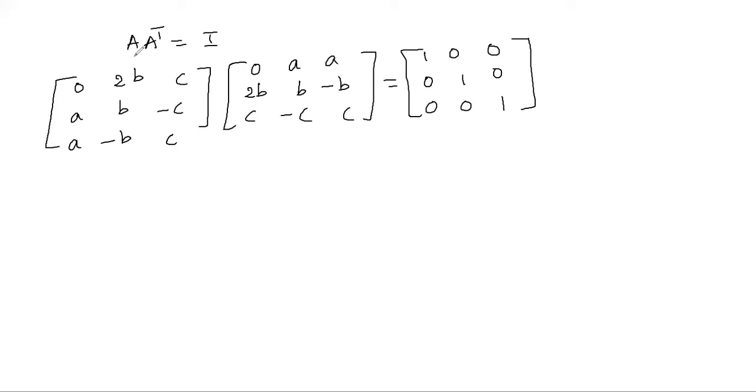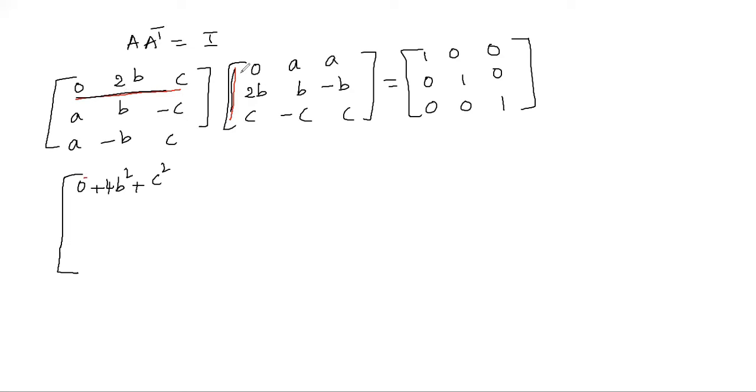Now we have to multiply A into A transpose, row into column. First row into first column: 0 into 0 is 0, 2b into 2b is 4b square, c into c is c square. First row into first column completed.